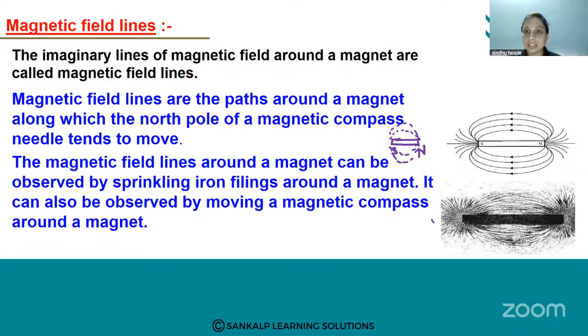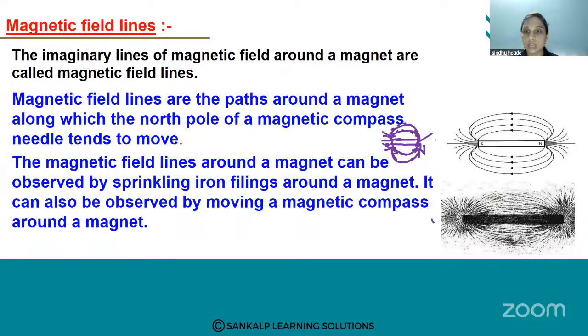It is nothing but when you join all these lines. See, when you join all these dotted points, what do you get? You get one imaginary line. Some imaginary lines are generated due to the magnetic field. See, this is also generated near this pole also.